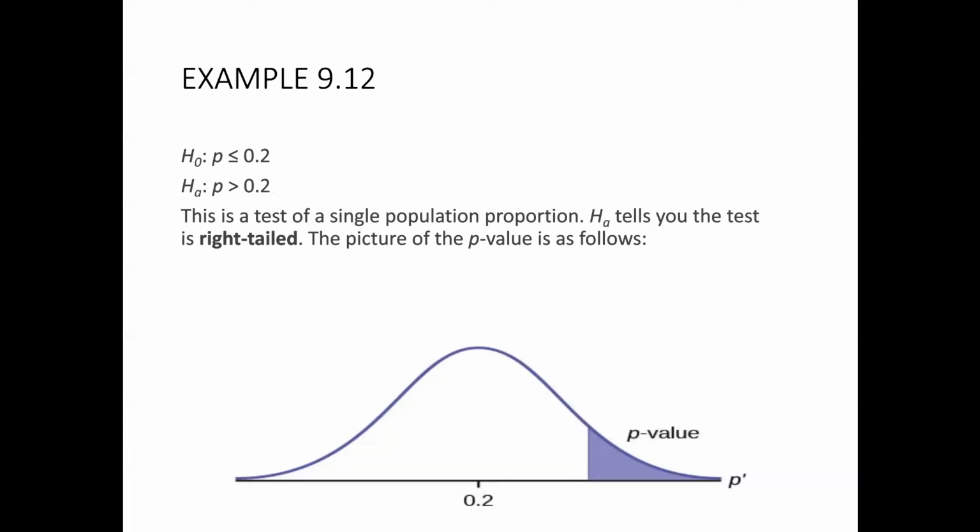So the alternative hypothesis tells you if it's left-tailed, less than, or right-tailed, greater than. And again, the null hypothesis, because it's contradictory to the alternative, if the alternative is greater than, the null would be less than or equal to, or equals.